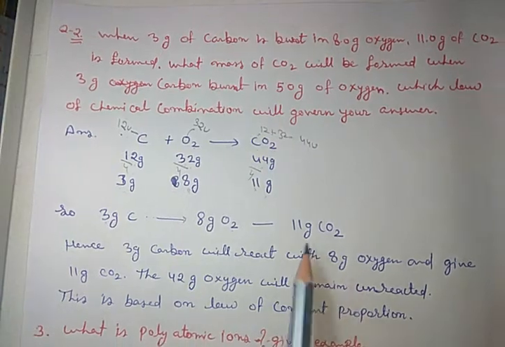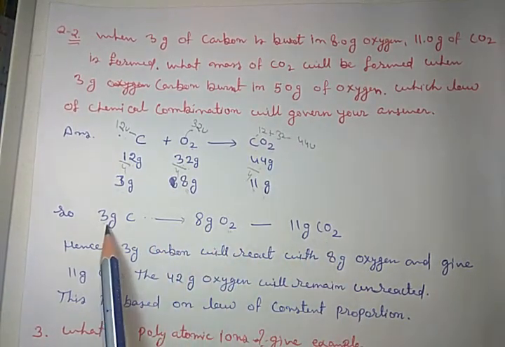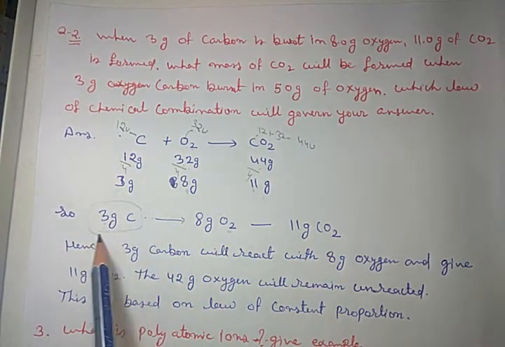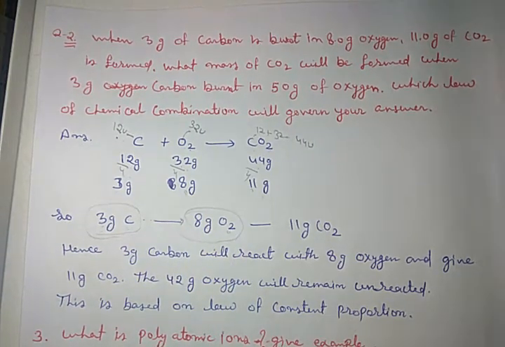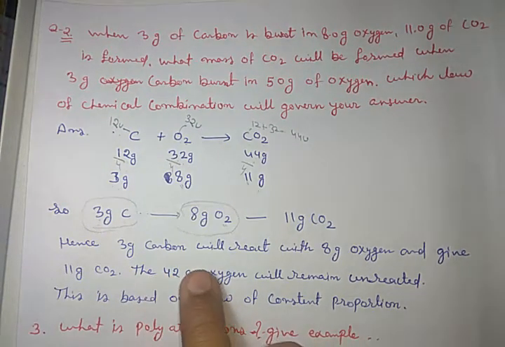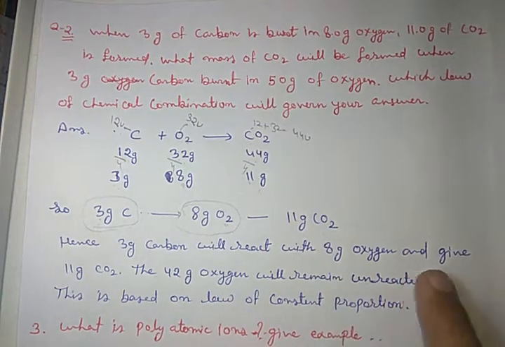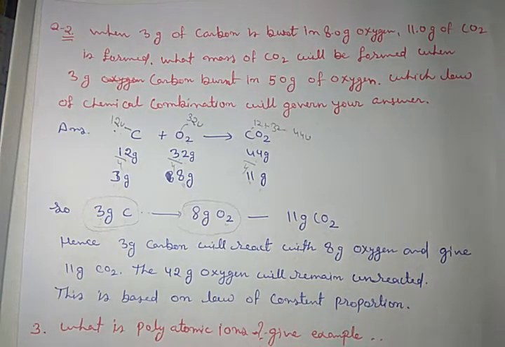So here it is clear that 3 gram carbon reacts with only 8 gram of oxygen and forms 11 gram of carbon dioxide. The remaining 42 gram will remain unreacted.